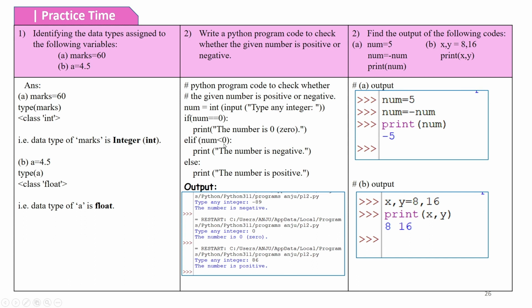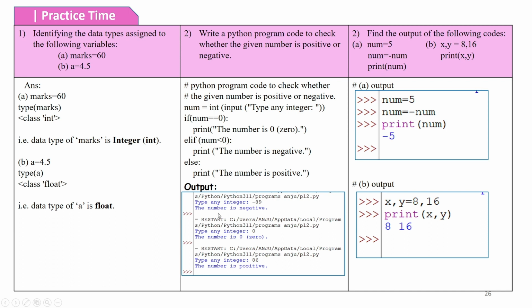If number is less than 0, then you will print the number is negative. Else, if it is not 0 and not less than 0, that means it is positive. So after else, there is no need to put a condition again. It means that it is positive.